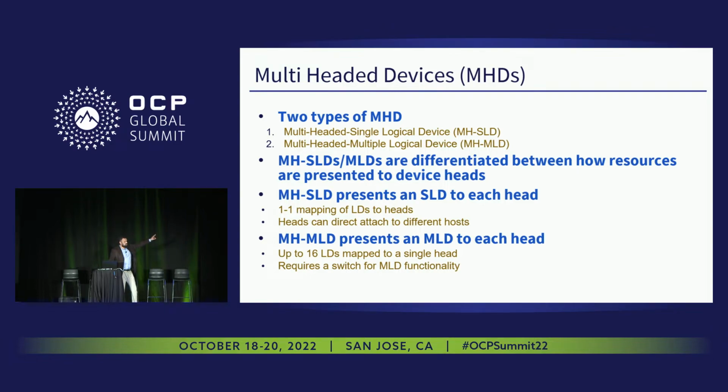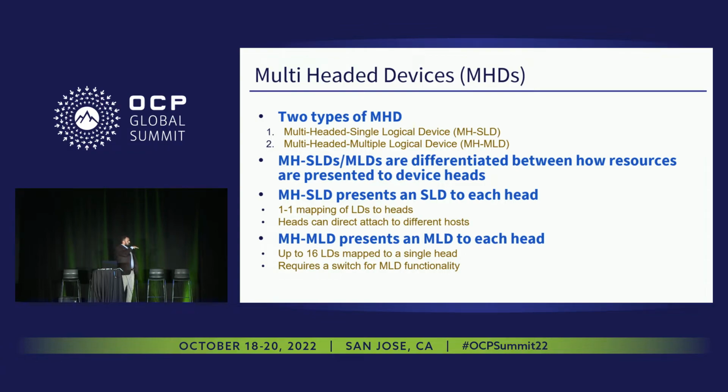Okay, so two types of multi-headed devices. There's the multi-headed single logical device, or MH-SLD, and the multi-headed multiple logical devices, or MH-MLD. The difference between the two is how resources are presented to the hosts. An MH-SLD presents single logical devices to the host, and an MH-MLD presents multiple logical devices to the host.